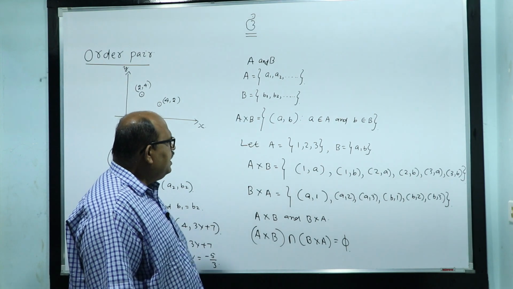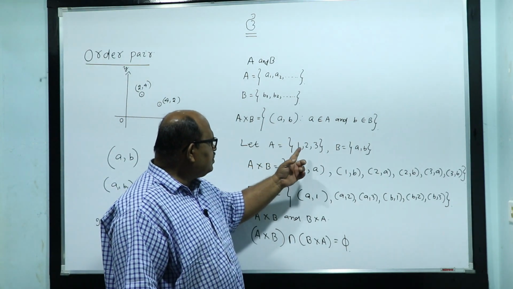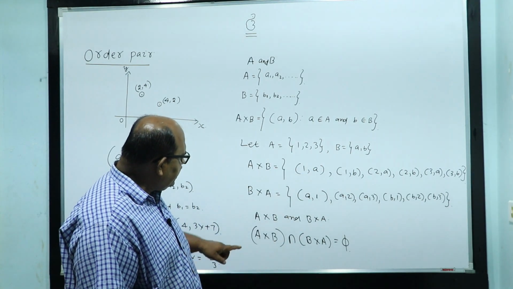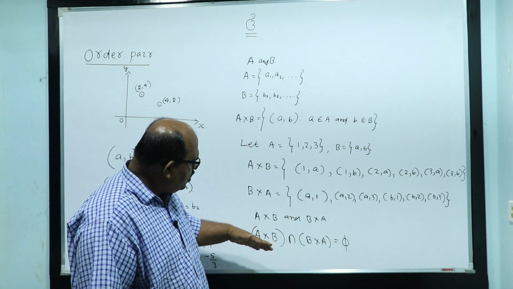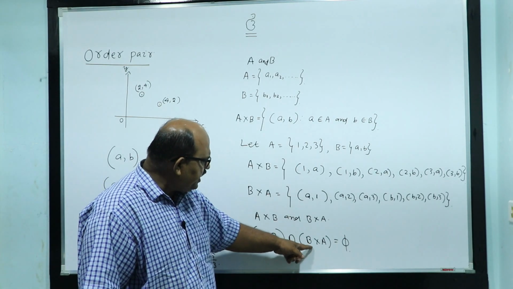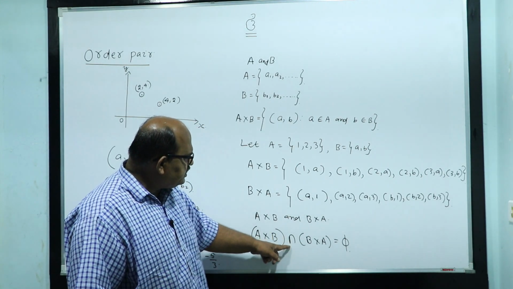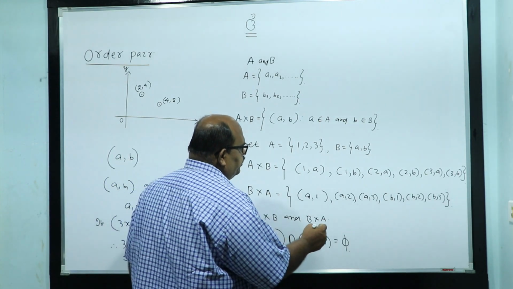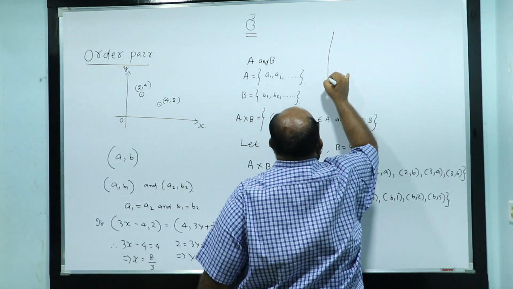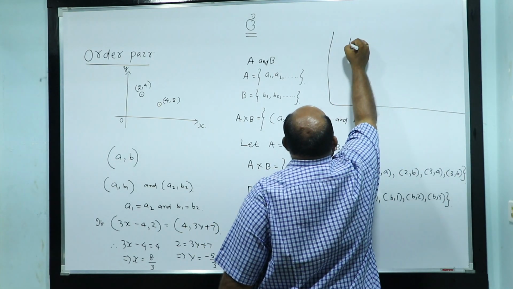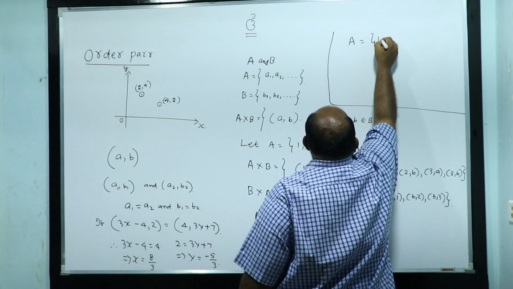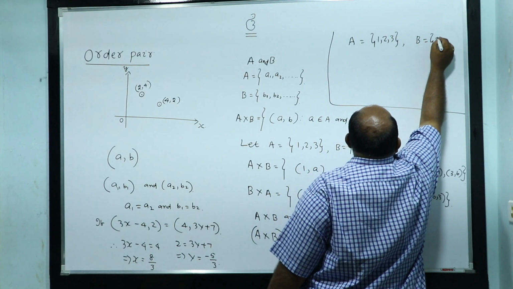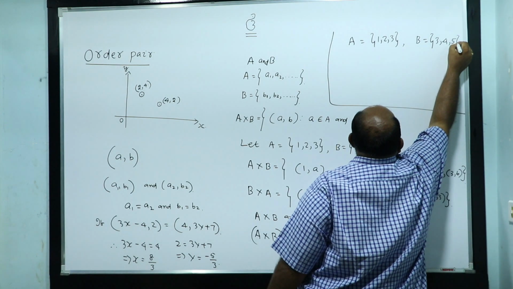Now look, if one element is common in A and B, then we can get one element or more than one element common in A into B intersection B into A. So let us take another example to explain this. Let A is equal to {1, 2, 3}, B is equal to {3, 4, 5}.